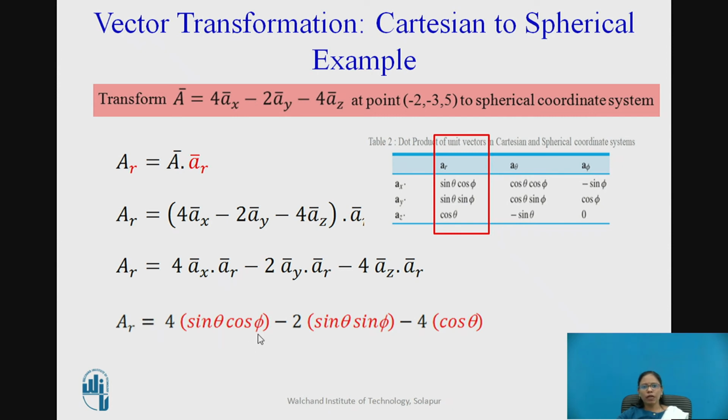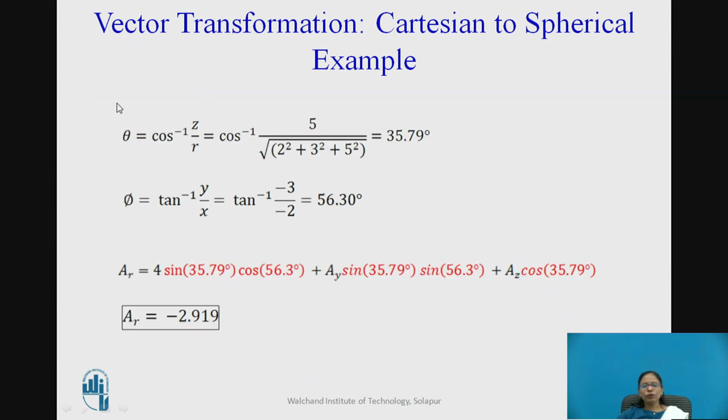So, how to get theta and phi? Whether it is given in the question? No, it's not given in the question because the point given is x, y, z. So, I can transform this point to spherical. In order to get theta and phi, I can substitute that theta phi here and I can get the value of AR. Let us do that. So, the point minus 2, minus 3, 5, in that I just want theta and phi, so I have written the equation of theta as cos inverse z by r, and it gave me the value of 35.79.